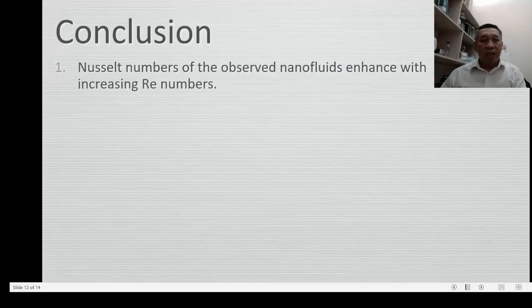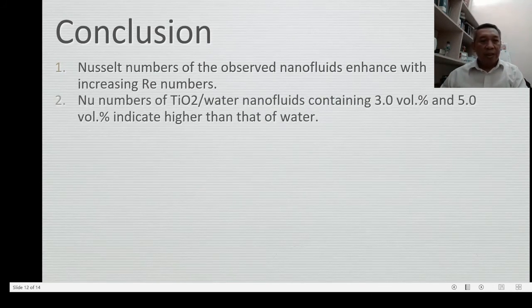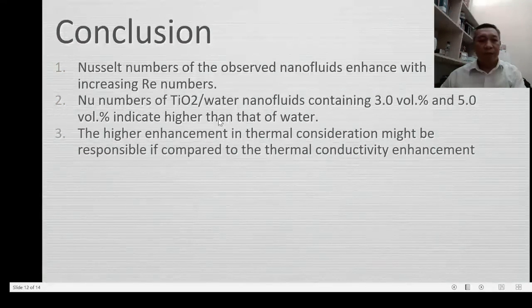Finally, we can conclude about our numerical research. The first is that the Nusselt number of the observed nanofluid increases with increasing Reynolds number. The second is that the Nusselt numbers of TiO2 water nanofluids containing 3.0 and 5.0 volume percent are higher than that of water, the base fluid.